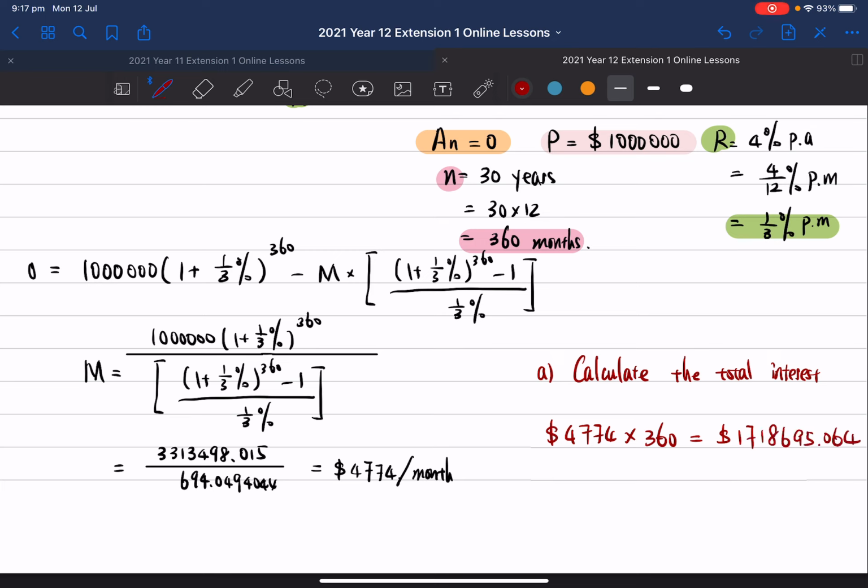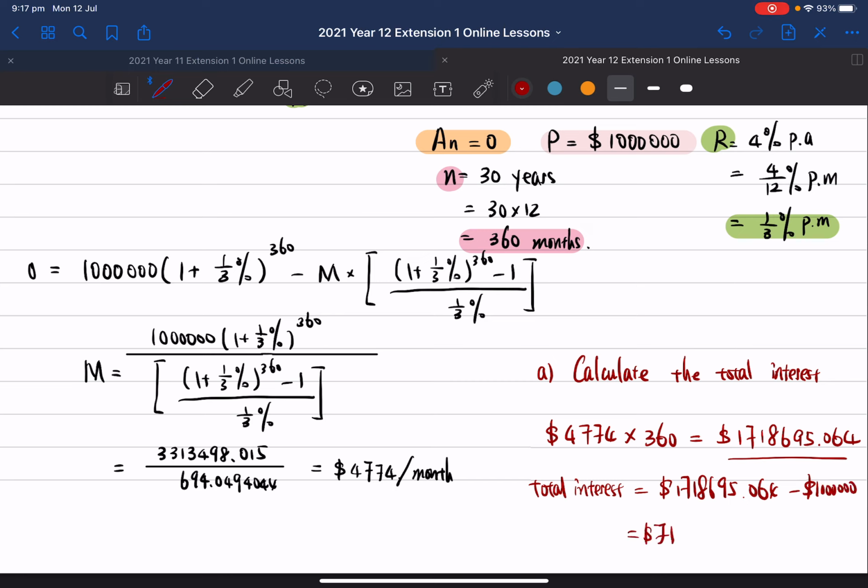Then think about this number here. The total interest is quite shocking. The total interest is going to be this number minus the 1 million that I borrowed. So it turns out that the interest, sorry, it's not 1 million, but it's almost going towards 1 million.